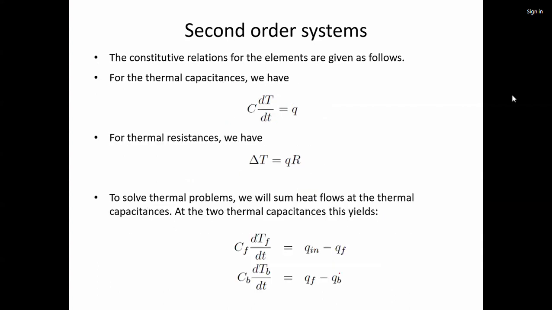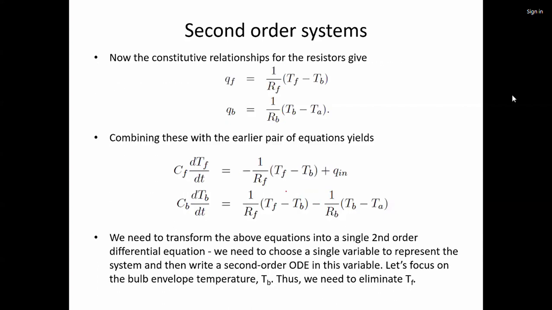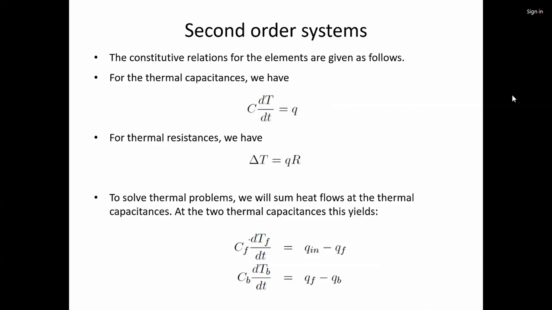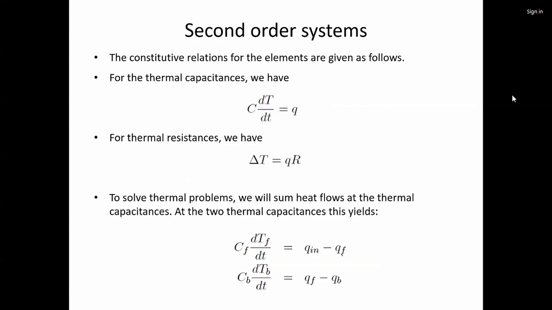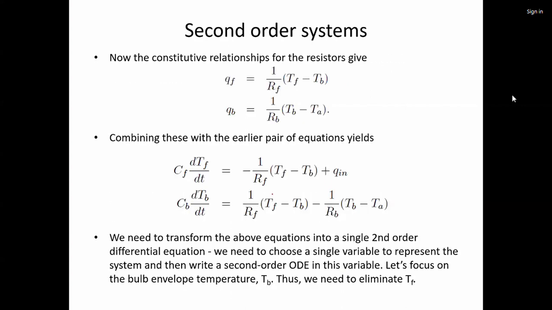Then we can write that CF dTF over dt equals Q in minus QF, and minus QF is minus 1 over RF times TF minus TB.